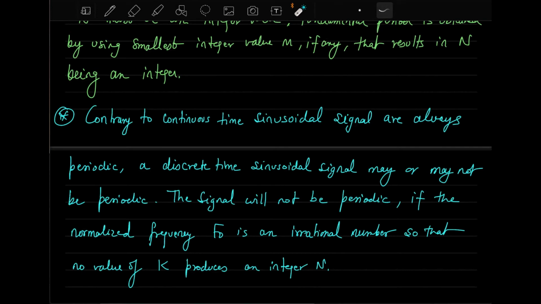It can be non-periodic also. The signal will not be periodic if the normalized frequency f0 is an irrational number, so that no value of m produces an integer N. In this way you can find the time period in the discrete time setting.